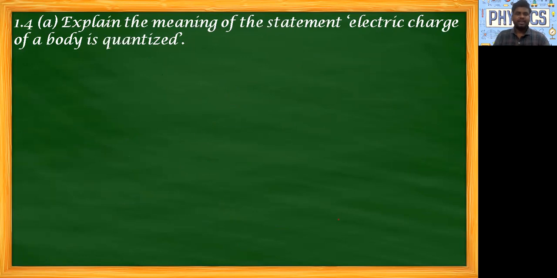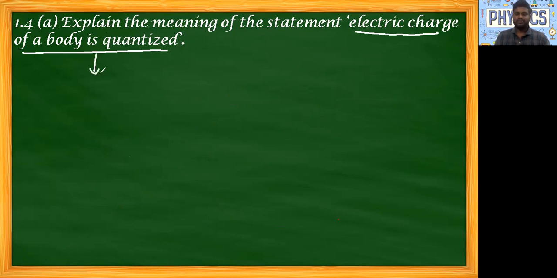What do we have to find here? Explain the meaning of the statement that electric charge of a body is quantized. We discussed this in properties of charges. What is meant by quantized?